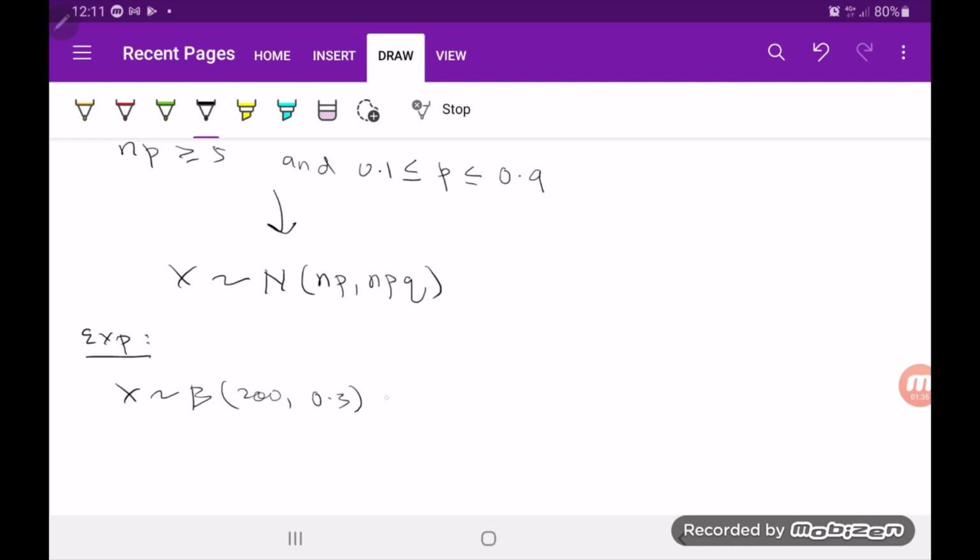Okay, when you calculate np, you can find that the value is 60. That means the value is greater than 5.